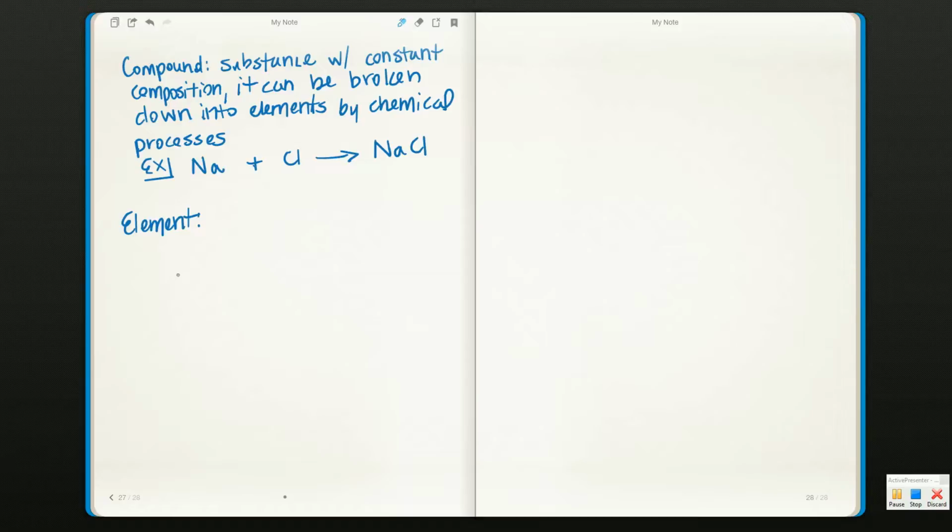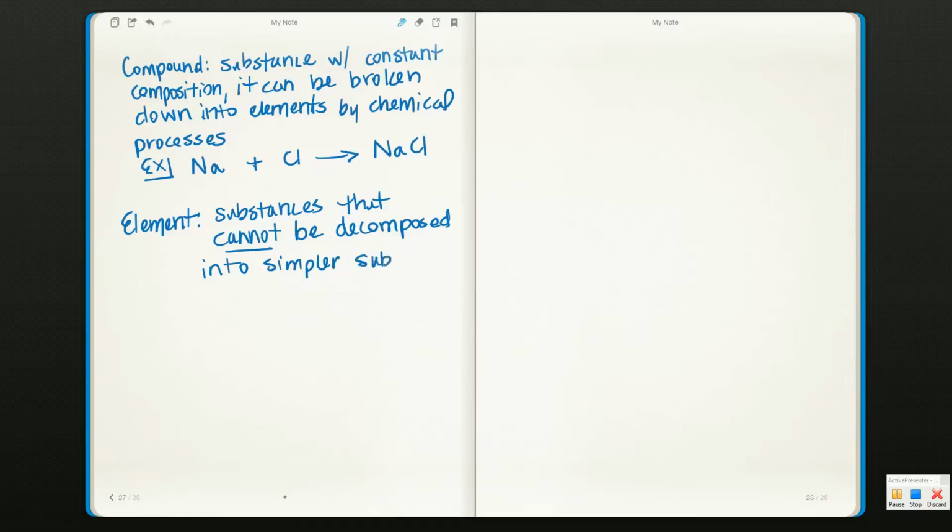And an element, and these are what are on the periodic table. These are substances that cannot be decomposed into simpler substances.